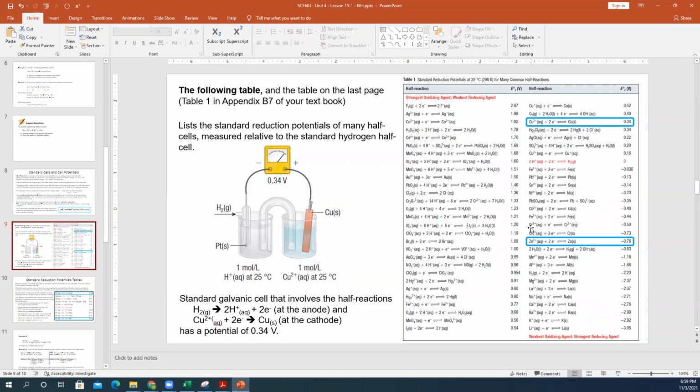So here you can see, I'm trying to find, so there's copper and nickel, for example, here. So copper is a stronger oxidizing agent, and the nickel is less so.